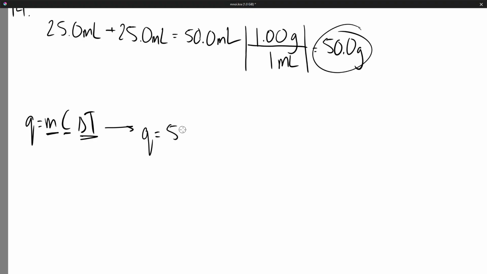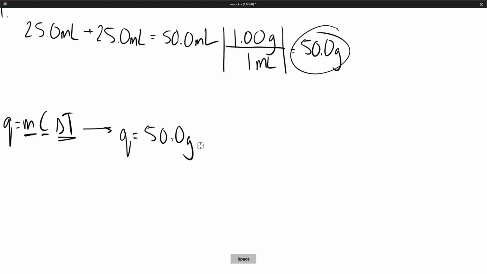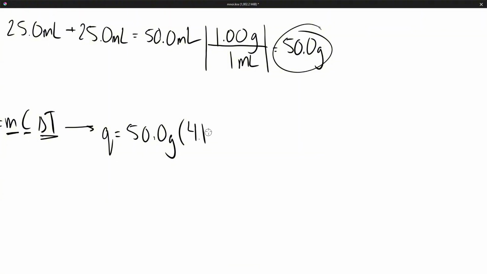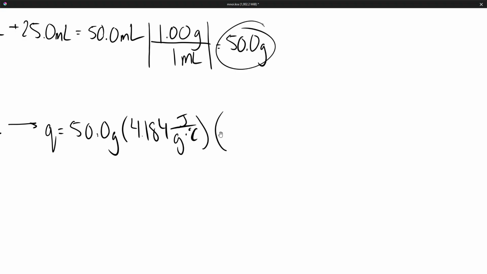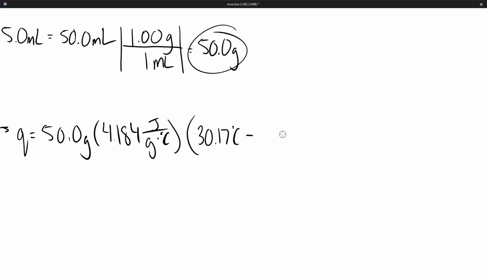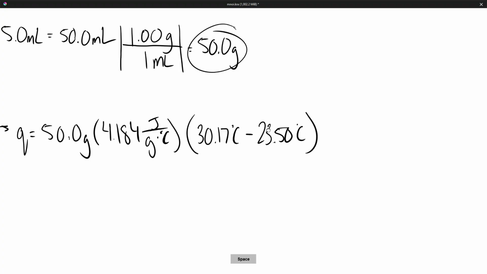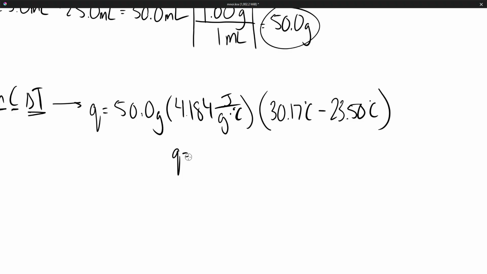Q equals mass, 50.0 grams of water, times its specific heat capacity, 4.184 joules over grams times degrees Celsius, times the change in temperature, which is final temperature, 30.17 degrees Celsius, minus initial temperature, 23.50 degrees Celsius. Okay, so solving for the heat, we get 1395 joules.